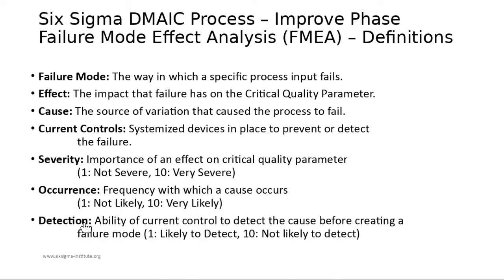If you have taken a safety course, you should have already covered this part, or if you are going to take it, you will take it in detail at that time. The severity means the importance of an effect on a critical quality parameter. So the effect of that occurrence, of that failure, if it happened.